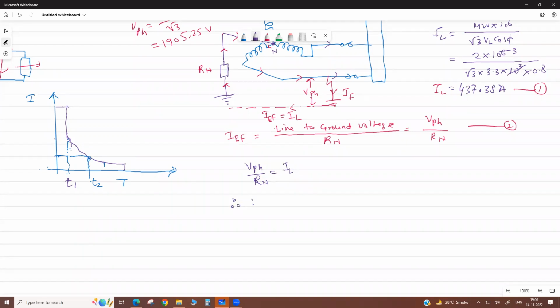Therefore the value of NER to limit the earth fault current to full load current: Rn is 1905.25 divided by 437.38.